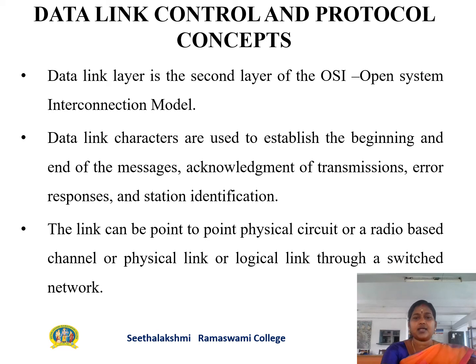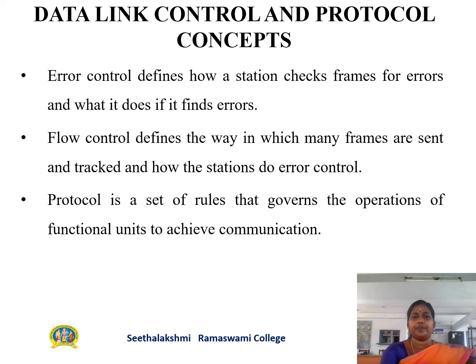The link can be a point-to-point physical circuit, a radio-based channel, a physical link or a logical link through a switch network. Error control defines how a station checks a frame for errors and what it does if it finds an error.